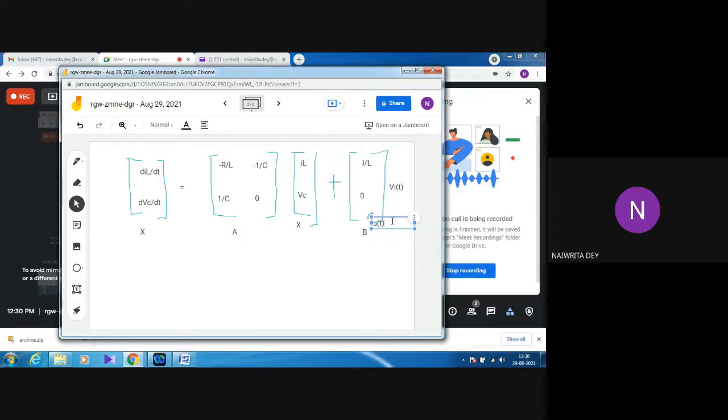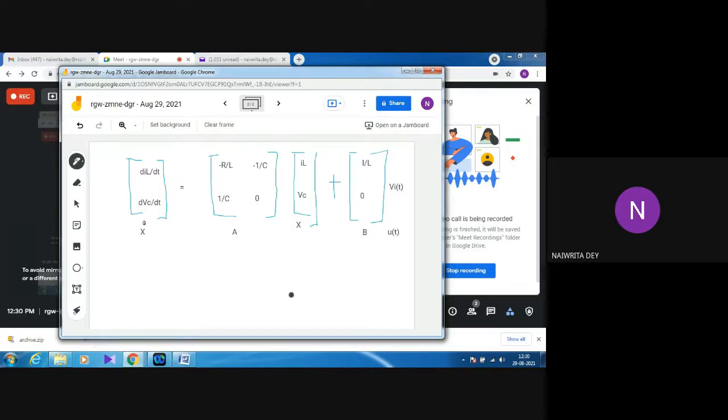One more thing I need to do is put the derivative dot convention here. So this is our x dot equals Ax plus Bu. So we have formulated the input state equation.